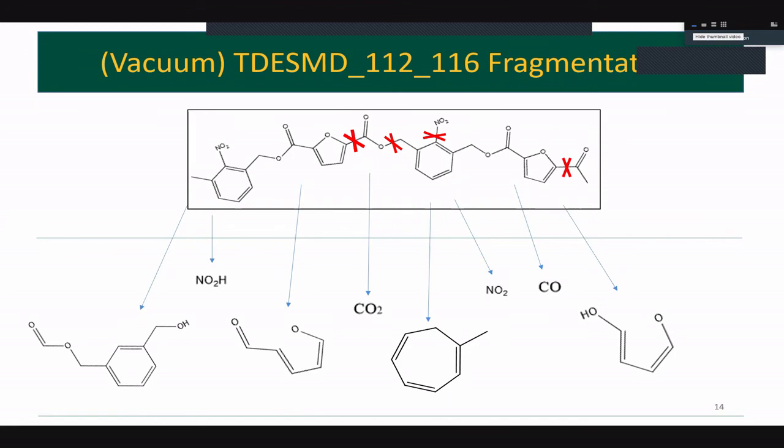So rather than one bond being broken, like in the previous slide I had mentioned, this one had four happen almost simultaneously. So there's a different mechanism that's happening. I'm still analyzing and trying to understand why and what had happened. And the further fragments that you see are just further along the simulation. But comparing the first fragmentation slide I had shown you and this one, you can tell there is a difference between the two already.